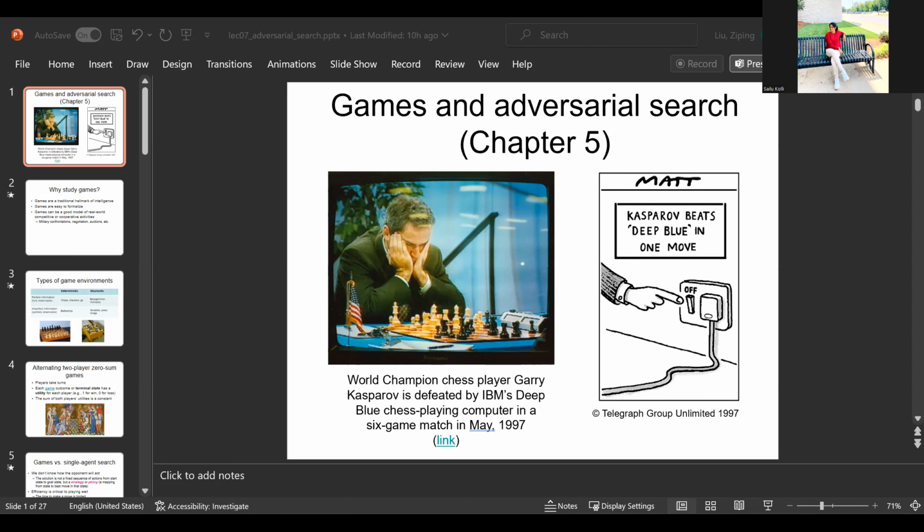That's why we make it alpha, for this max node. And because the successor of max should be min, we want to compute the minimum value at node n.